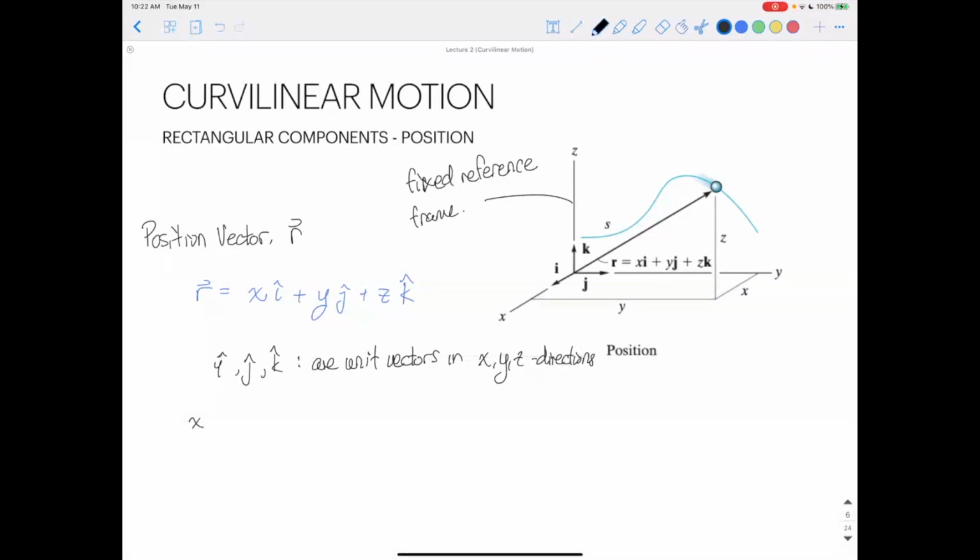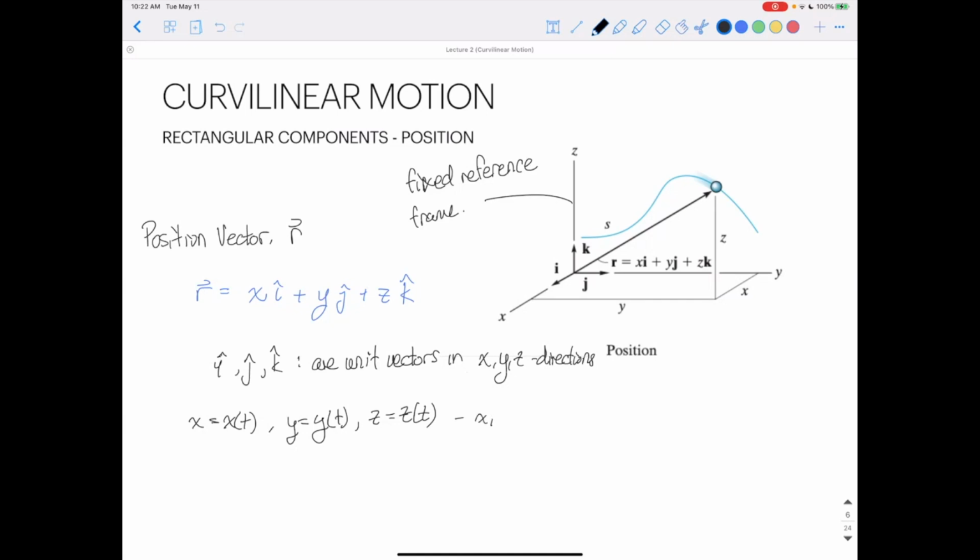And then x, which is a function of time, y, which can be a function of time, z, which can also be a function of time, are just the components of the magnitude in those directions.